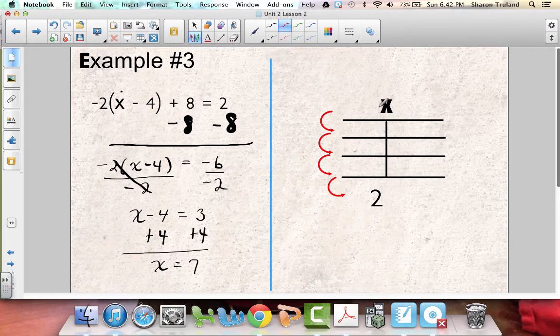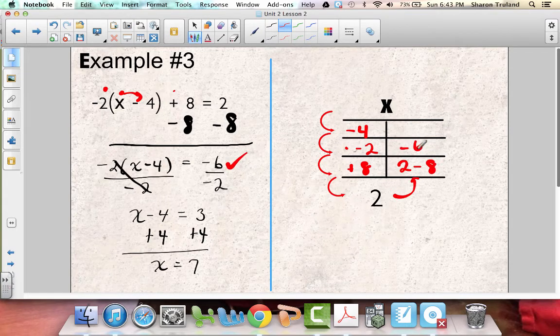All right, so let's see what happened to this x. First thing that happens to this x was we minused 4 from it. Then the next thing that happened was we multiplied by a -2. And the last thing we did was we added 8, and that got us to the answer of 2. So let's go backwards. Start with our answer of 2. Let's undo adding 8 by minusing 8, and that's -6.